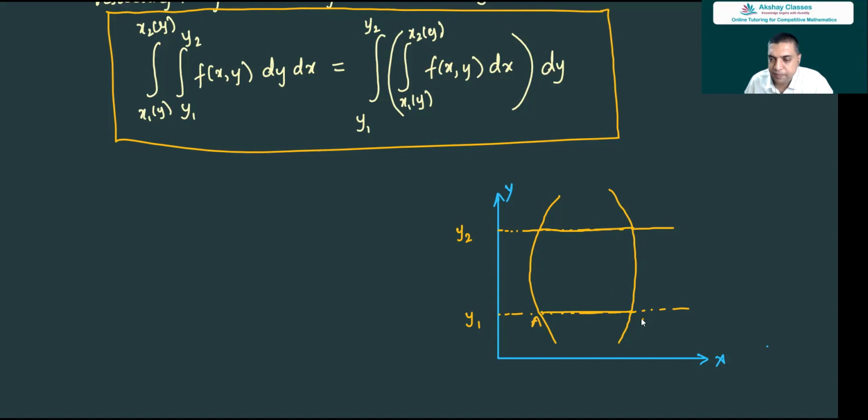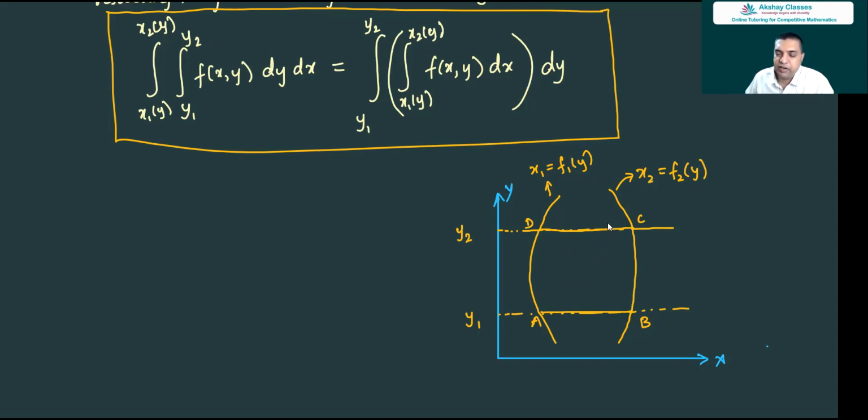Again, A, B, C, D. This one is x1 is equal to f1 of y. X2 is equal to f2 of y. This will be the area of integration.